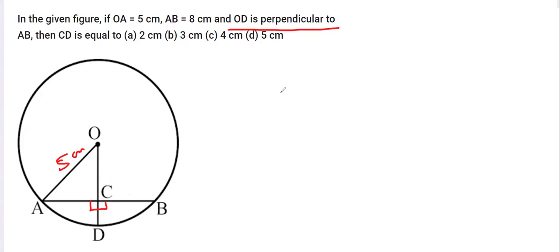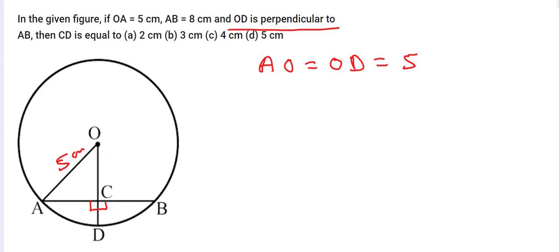Now, first of all, you can see that the first property I can write is AO and OD are nothing but the radii, right? They are equal to the radii. So since OA is 5, OD will also be 5. I repeat what I mean to say, that this length OD is also the radius, so I mention it 5.